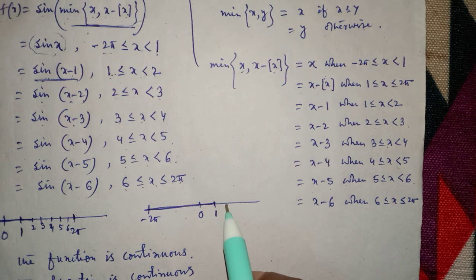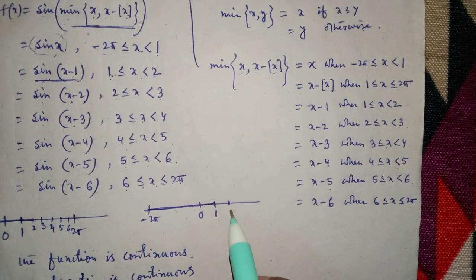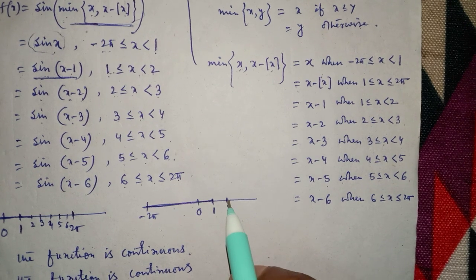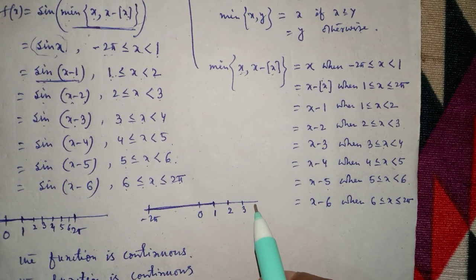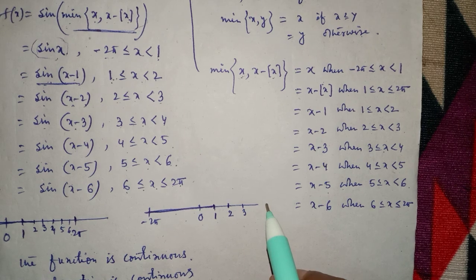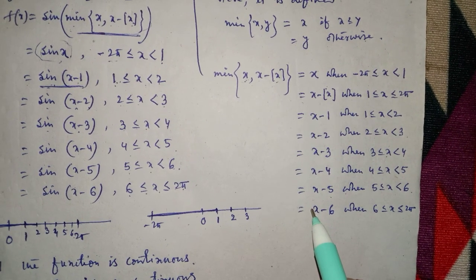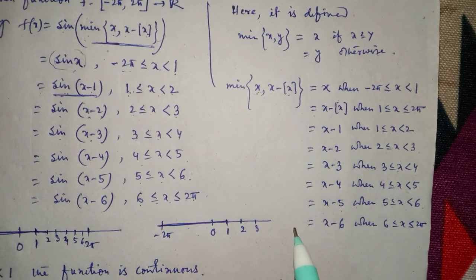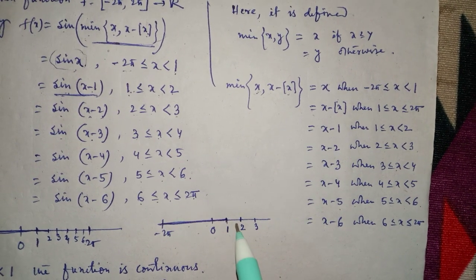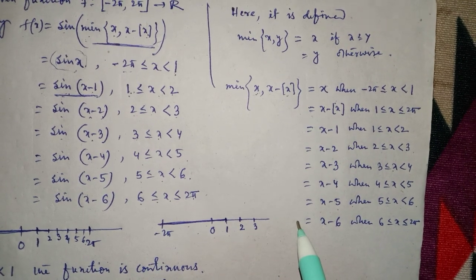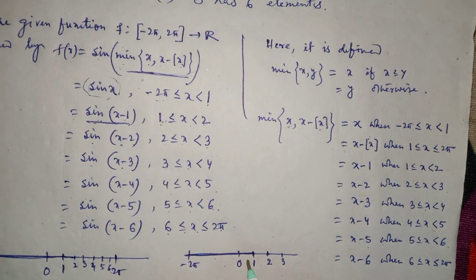After 1 to 2 also continuous, 2 to 3 also continuous, 3 to 4, 4 to 5, 5 to 6 and 6 to 2 pi, the function is continuous, but at the integer points 1, 2, 3, 4, 5 and 6, the function is discontinuous.